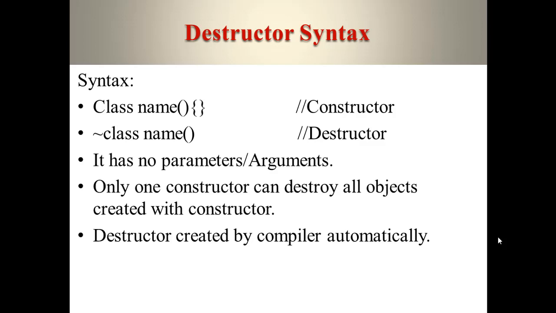But when we define it manually, then at the end of the program the destructor is called and it destroys the object. So the tilde symbol is used for a destructor.